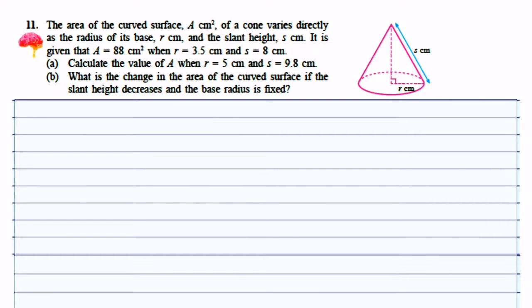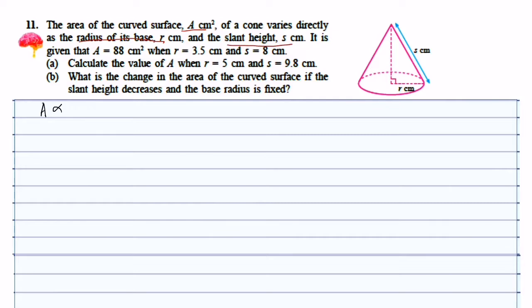So the area of the curved surface A, you write A first. Varies directly as the radius of its base r and slant height s cm.